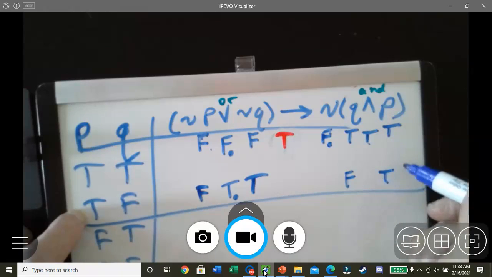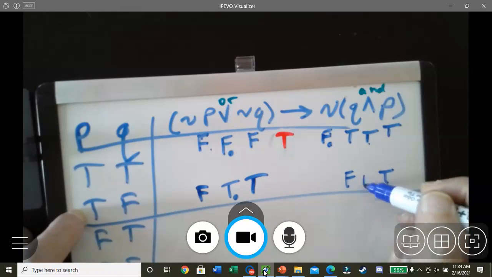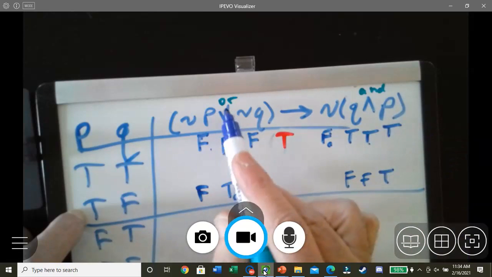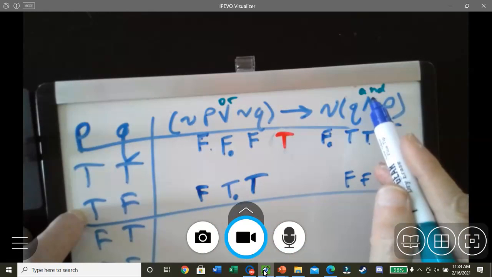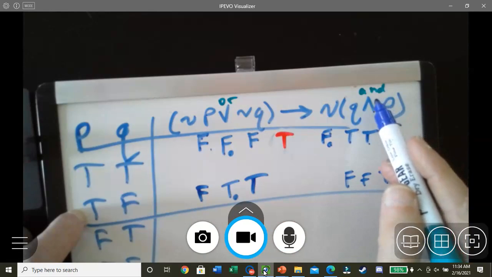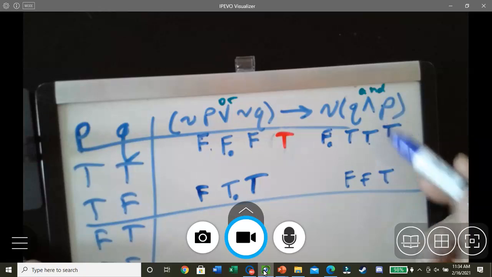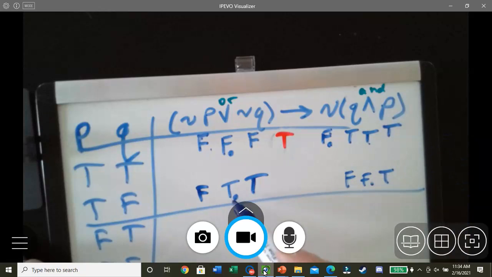P is true. So false and true is false. Yeah. You see why I put and or here? Because here we only need one or the other, whereas here we need both to be true, right? So you got to be really careful because you're switching gears pretty quick. All right. So this is false.